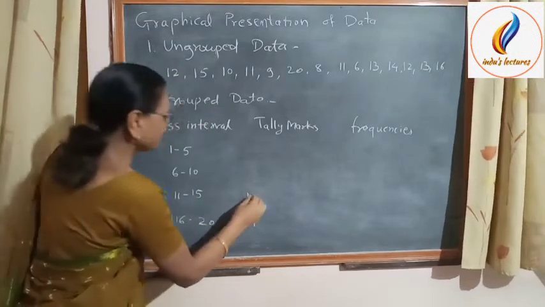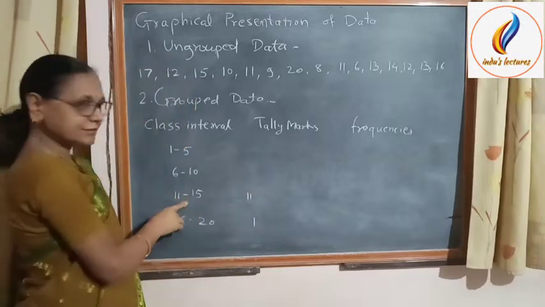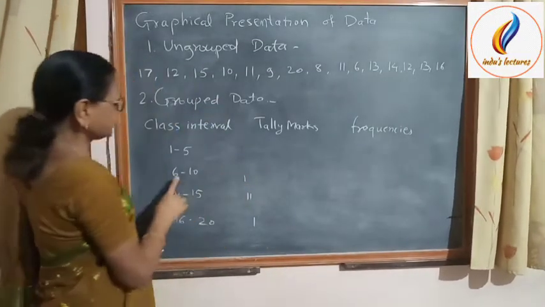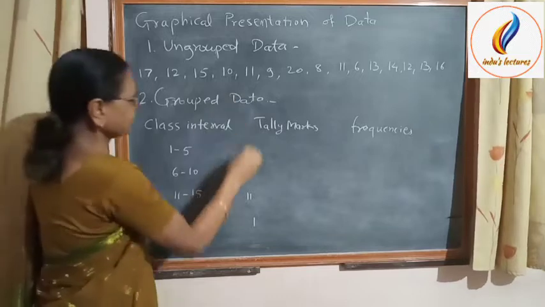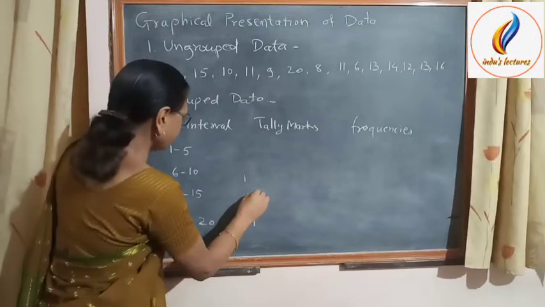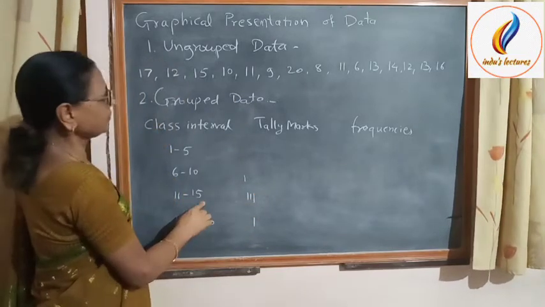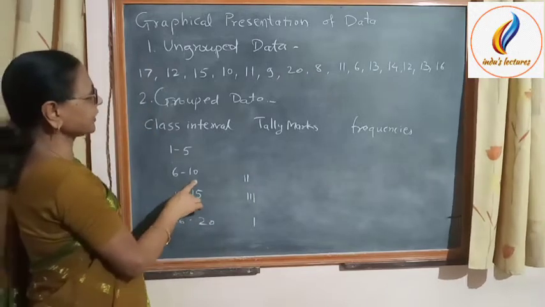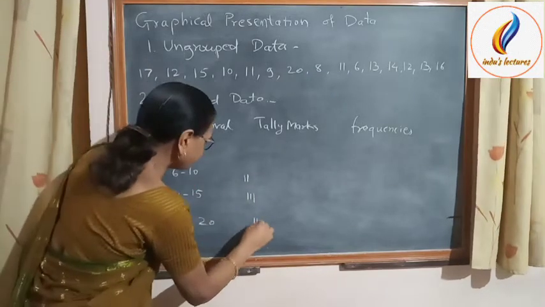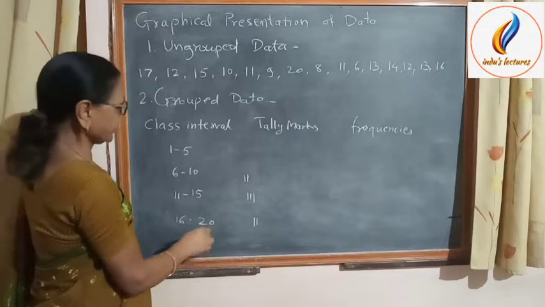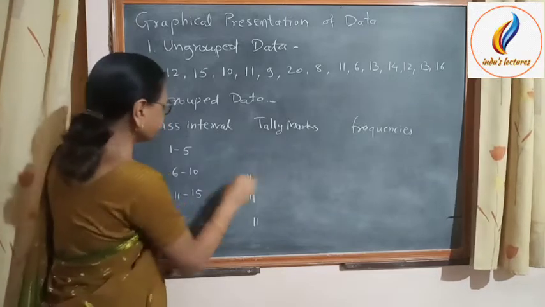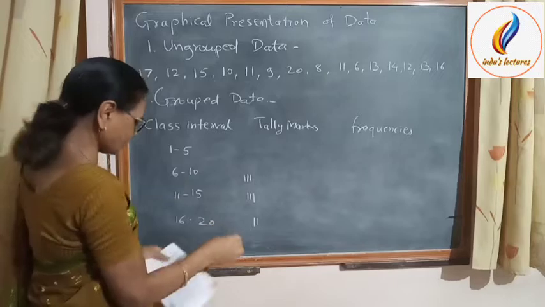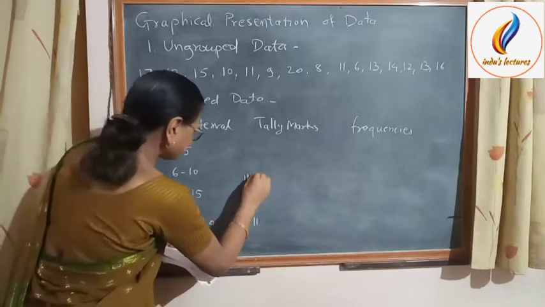Then 15 is also included in the same interval. Then 10 is included in class interval 6 to 10. Then 11 is included in 11 to 15. Then 9 is included in 6 to 10. Then 20 is included in 16 to 20. 8 is included in 6 to 10. Like this, we can arrange all the scores.